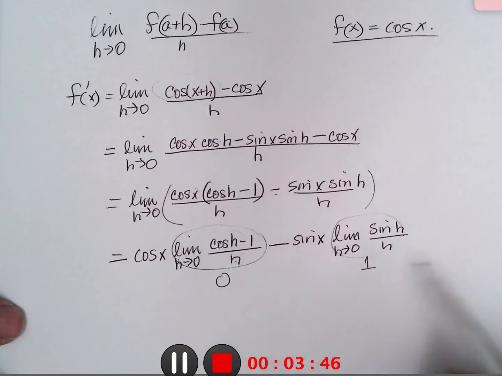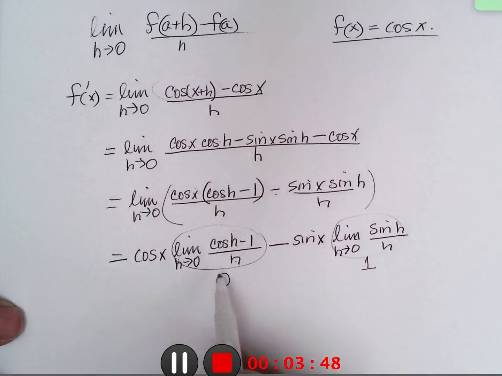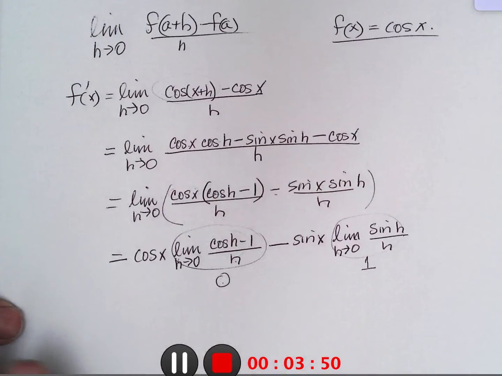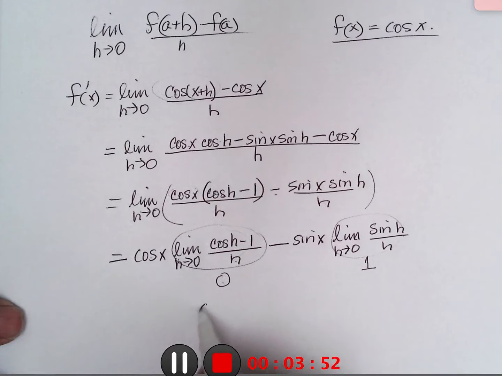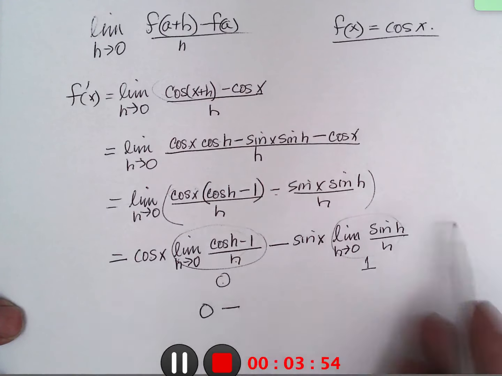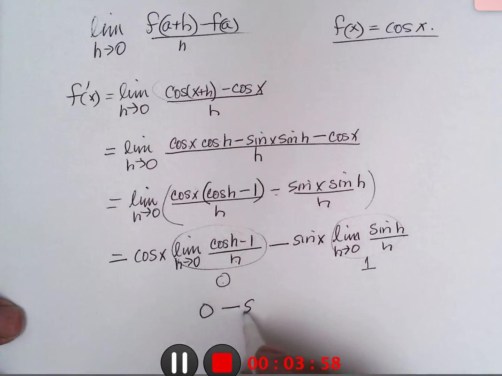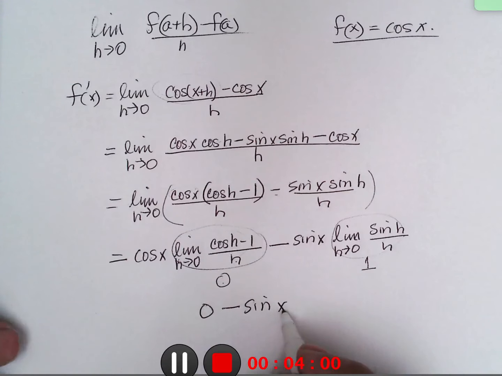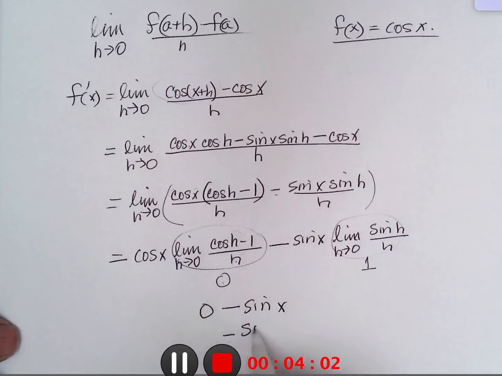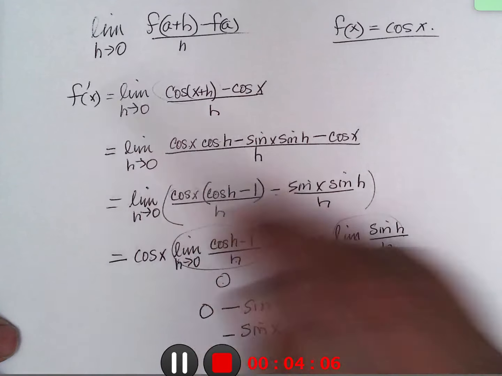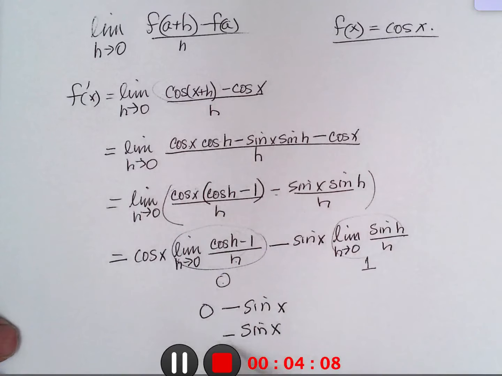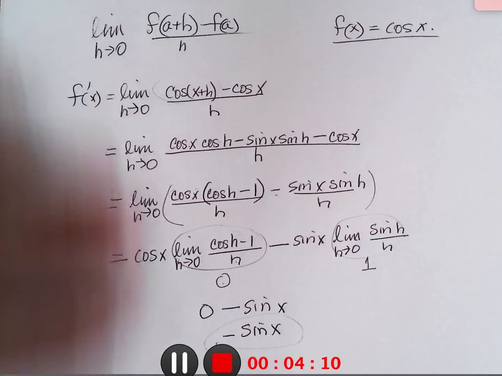And so we get 0 times cosine x, which is nothing, I'll put down 0, minus sine of x times 1, which is just negative sine x. So the derivative of the cosine of x is negative sine x. That's what they wanted you to talk your way through.